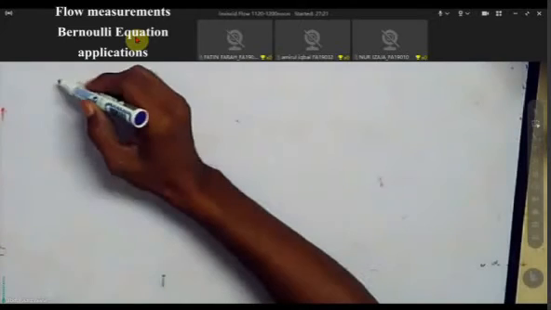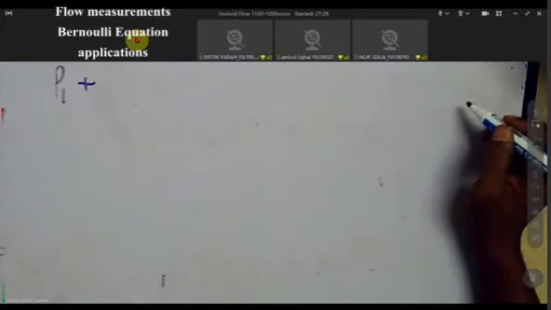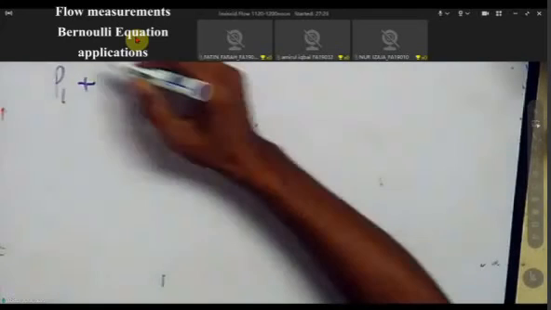Right, so in terms of the limit, we can write P1. This one is in the form of the Bernoulli equation, right?